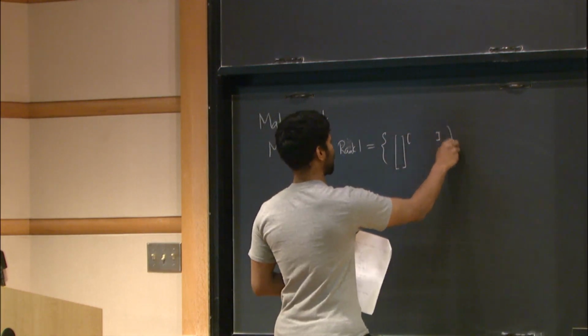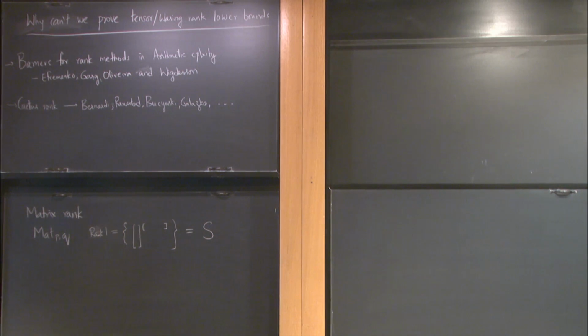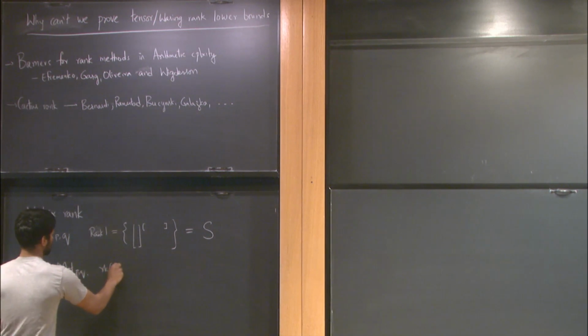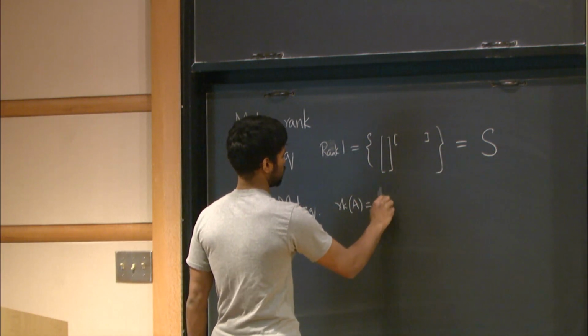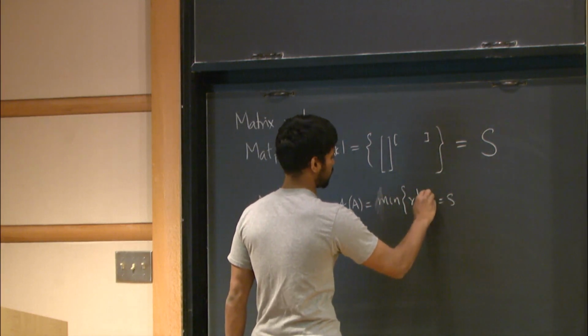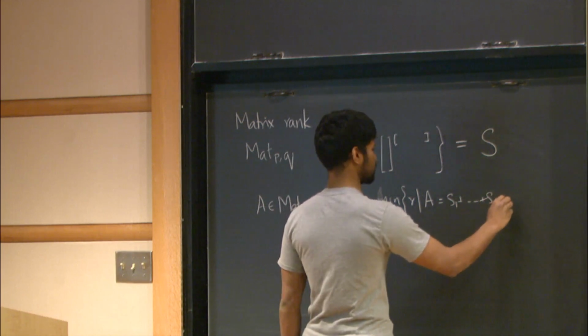Okay, so I'm going to call this set S, because I want you to think of it as the simple matrices. The basic building blocks of matrices. And I want to say for any matrix, its rank is the smallest integer such that you can write this matrix as a sum of rank 1 matrices.